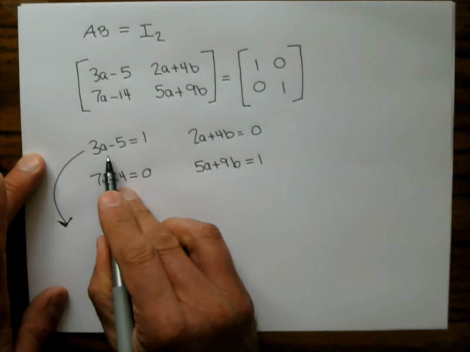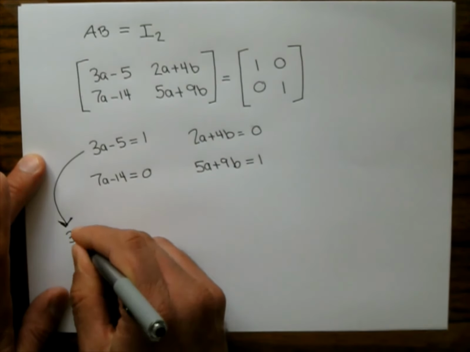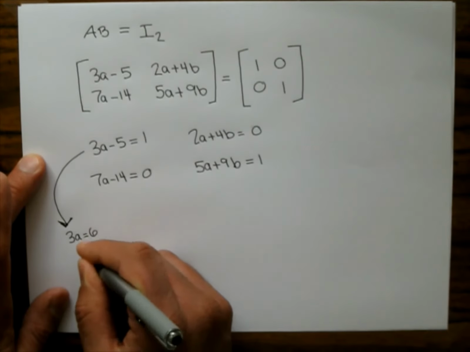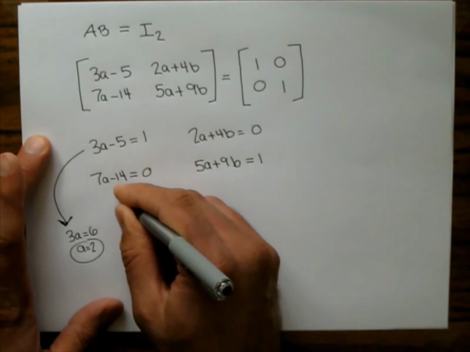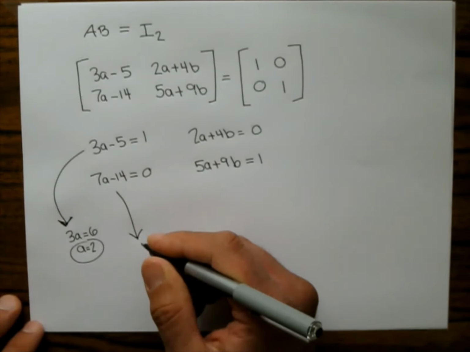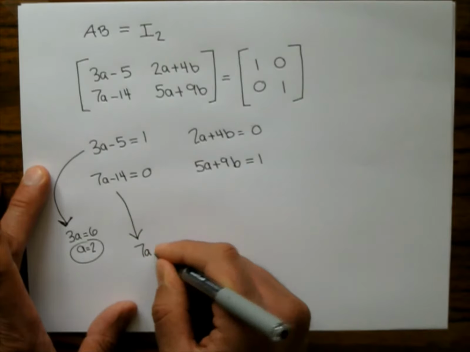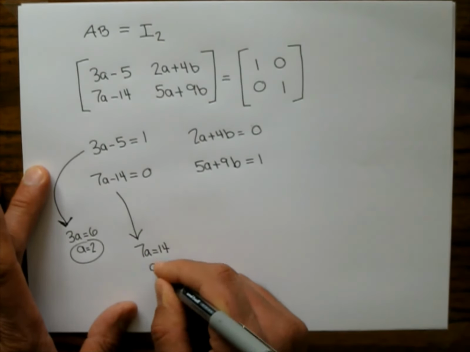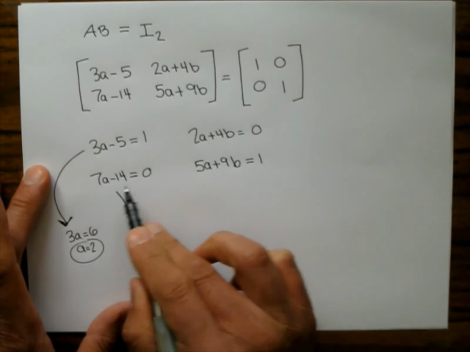So 3a minus 5 equals 1. I'm going to add 5 to both sides, so this would be 3a equals 6, a equals 2. Now if this equation here does not give me a equals 2, then I'm in trouble. 7a equals 14, a equals 2. And I suppose I could have just plugged 2 in there to see if it works.